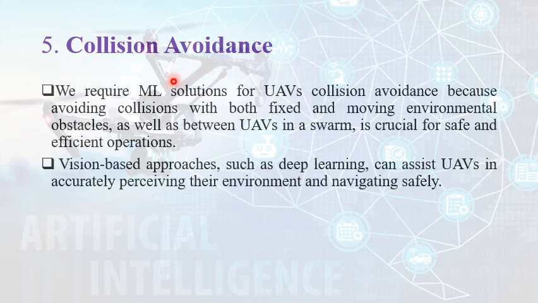The best and the most practical approach that is available today is a vision-based approach such as deep learning that can assist UAVs in accurately perceiving their environment and navigating safely. As far as I know, for example, Skydio has some prototypes that use machine learning for collision avoidance.